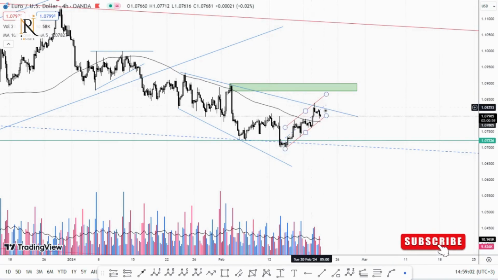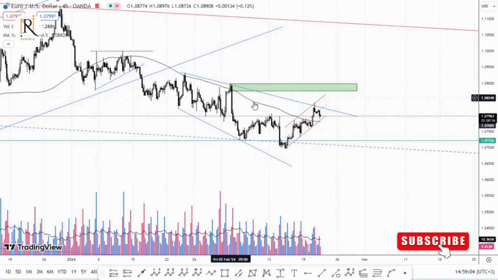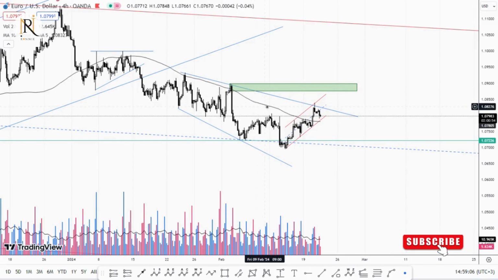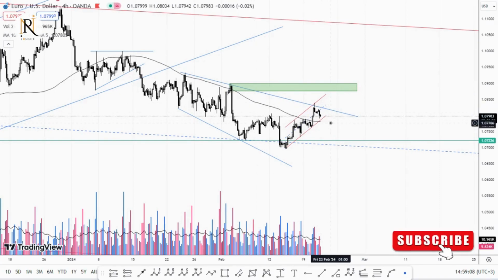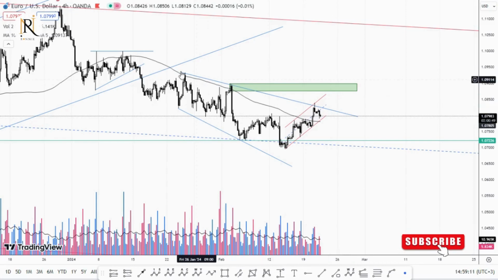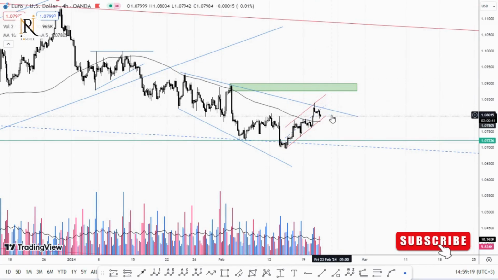If you look at this, we have a diverging diagonal, which, even if you don't know how to number these waves or these points, you can just say this is point 1, point 3, and then we have point 5 right at this point, or the three-point rule.